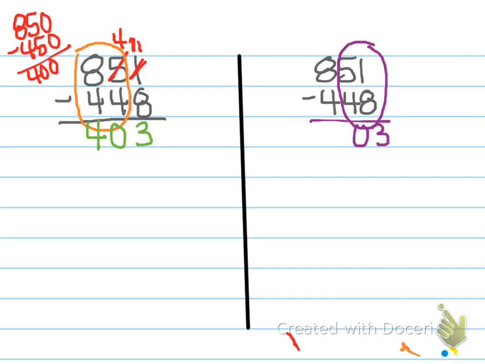I have to put a 0 in the 10 spot because I have no zeros, and I need to put a 3 in the 1 spot. Then all I have to do is 8 minus 4 equals 4. Now take a look at our estimate. The estimate of 400, if you look at these two, 403, does that seem reasonable? It sure does.